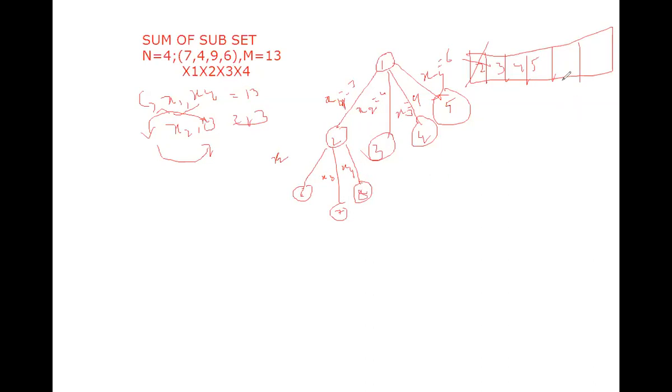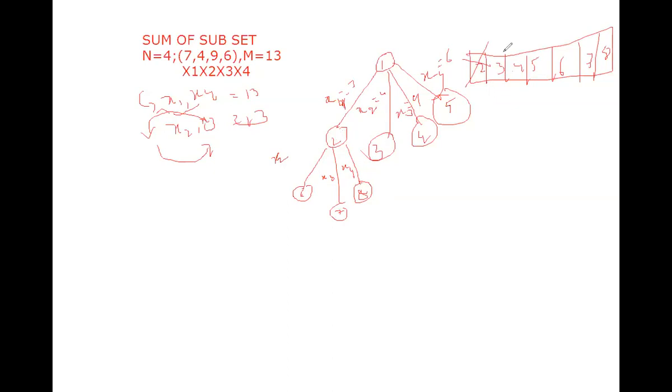Just write in the queue 6, 7, 8. So after 2, I expanded 2, which gives x2, x3, x4.